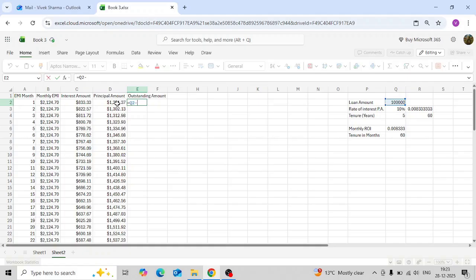Obviously we deduct the principal amount, because each month we subtract principal to get my outstanding balance. My interest will be calculated on the outstanding amount only. So the first month interest is calculated on the overall 100,000 amount, and the next interest will be calculated on the outstanding amount at the end of the first month, that is outstanding amount minus first month principal amount.